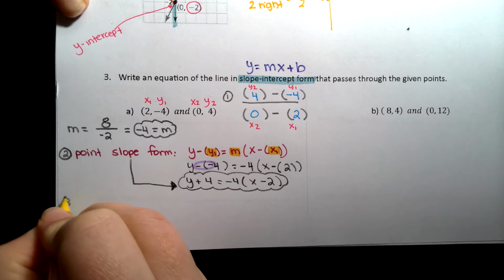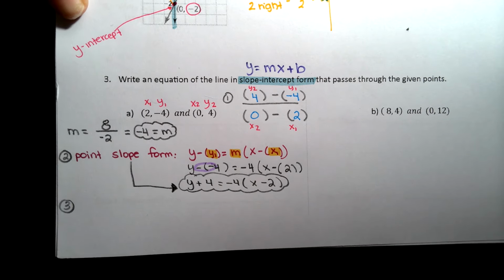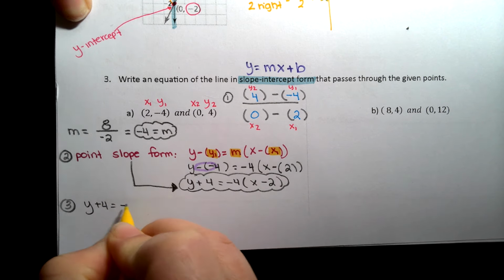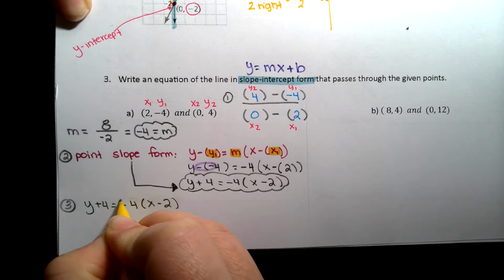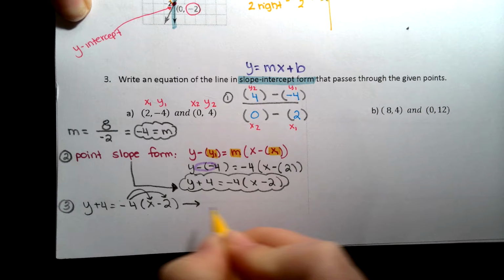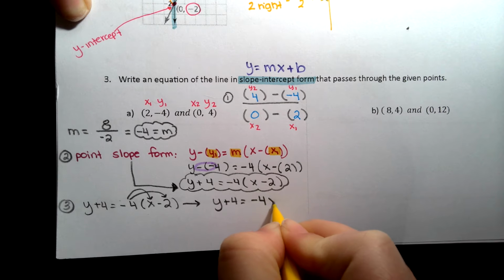So in step number 3, we're going to continue from this point slope form. That's not the format that they want, so we continue by distributing and solving for y. I'm going to take my negative 4 and multiply it by x and by negative 2. Negative 4 times x is negative 4x.